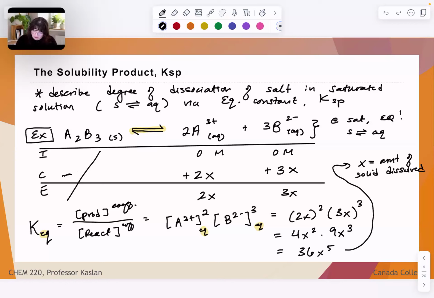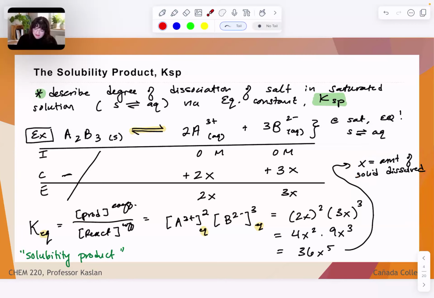So why do we have this thing, this equilibrium constant, that now has a new name? KSP is also called the solubility product, because of this statement that we made up here.